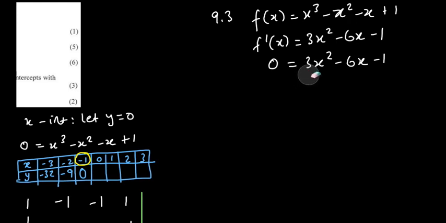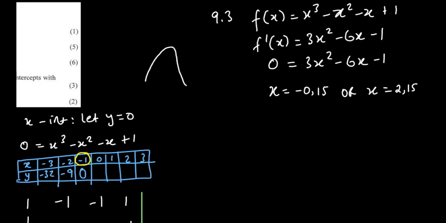Remember, your a is 3, b is negative 6, c is negative 1 there, right? So you are going to get that your x is negative 0.15, or your x is 2.15. Now that you know the x values of the turning points, remember, since your a is positive, your graph is looking like this, right?